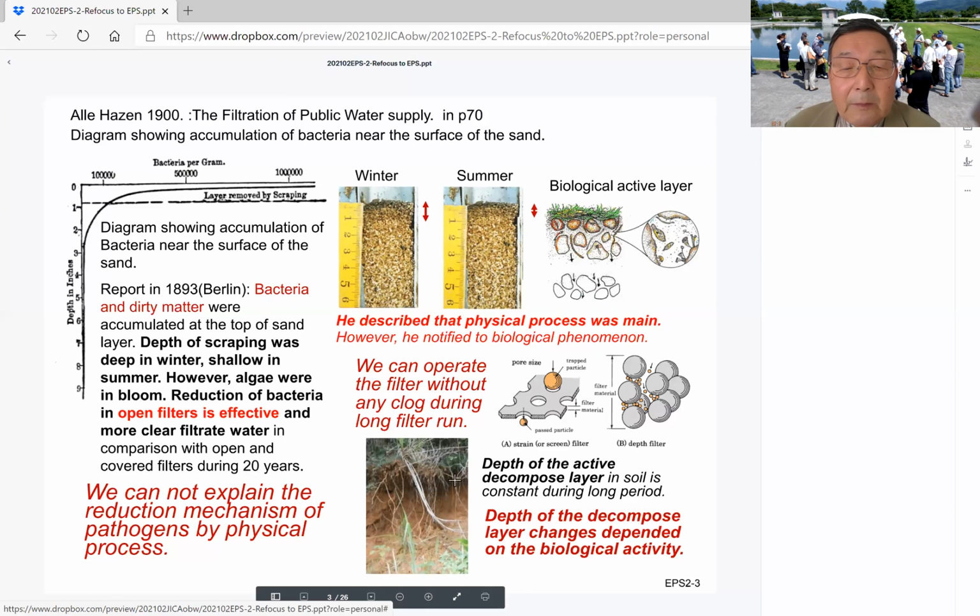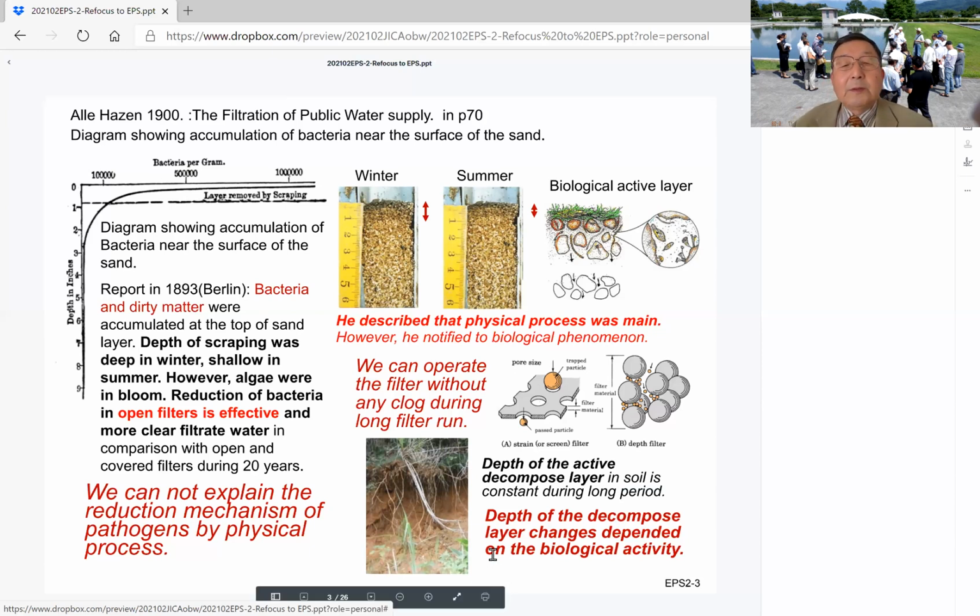In comparison with the natural soil profile, there is a biological active layer near the soil surface, and the depth of the active decomposing layer in soil is constant over a long period. The depth of the decomposing layer changes depending on the biological activity.